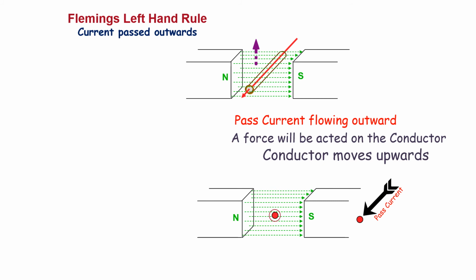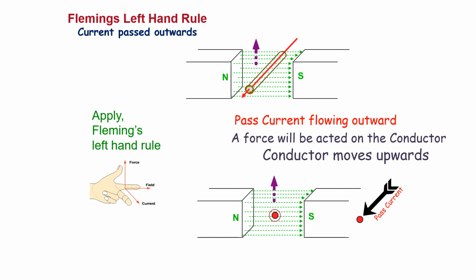So the dot indicates the current coming out. Apply Fleming's left hand rule. Again, first finger in the field direction, the second finger outwards in the current direction. The thumb shows the force direction. Because of this force, the conductor moves upwards.